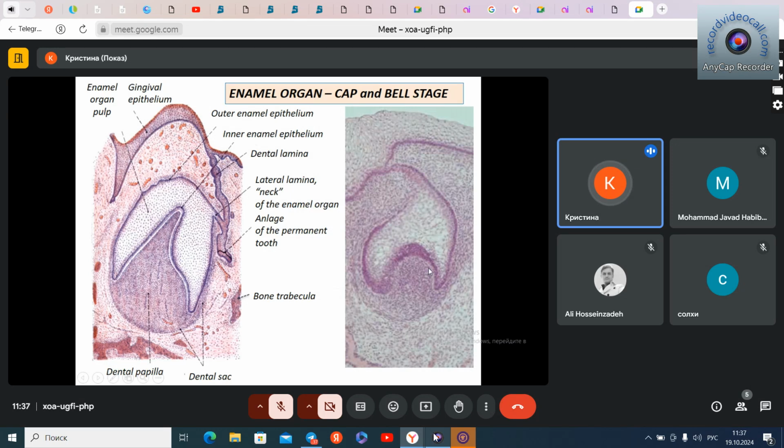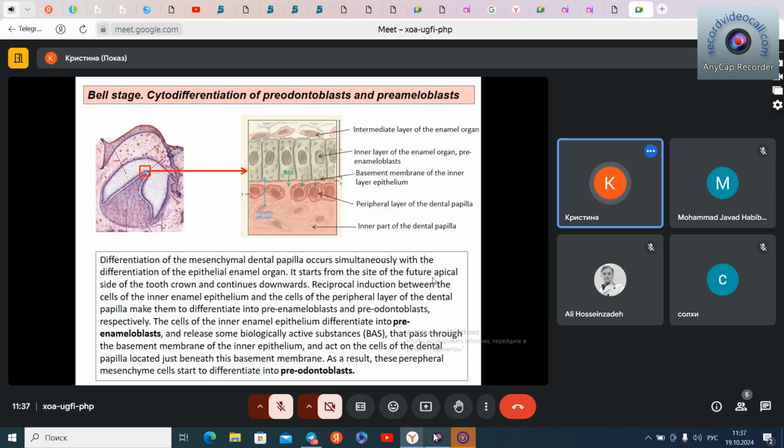And as the result of the induction, the peripheral cells of the dental papilla turn into pre-odontoblasts and then into odontoblasts. And ameloblasts will next start to produce enamel, and odontoblasts will start to produce dentin. It will be on the next stage, histogenesis.